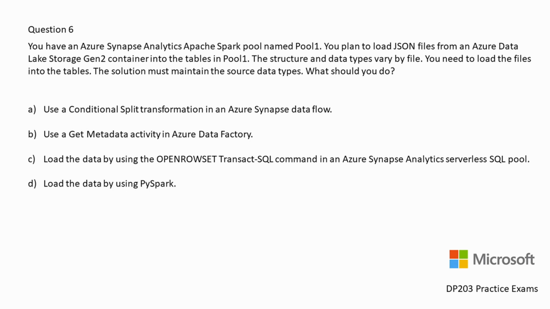What should you do? A. Use a conditional split transformation in an Azure Synapse data flow. B. Use a get metadata activity in Azure Data Factory. C. Load the data by using the OPENROWSET Transact-SQL command in an Azure Synapse Analytics serverless SQL pool. D. Load the data by using PySpark.